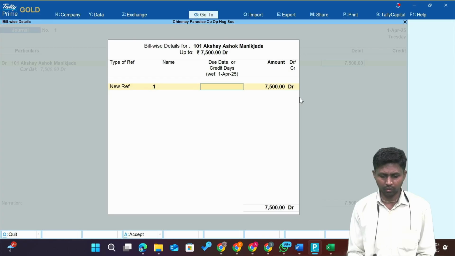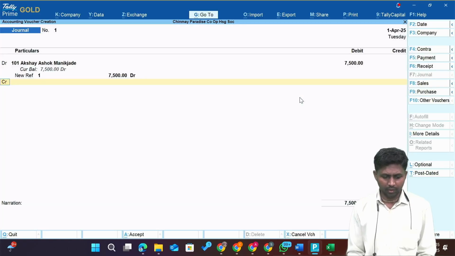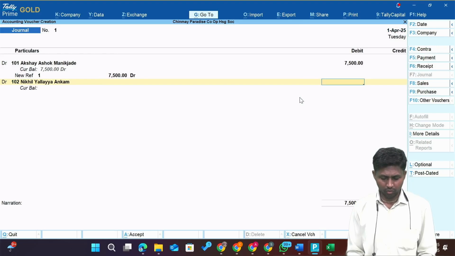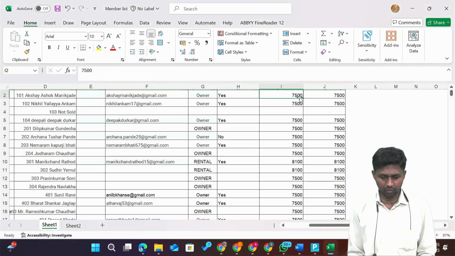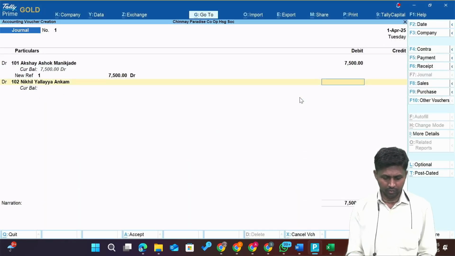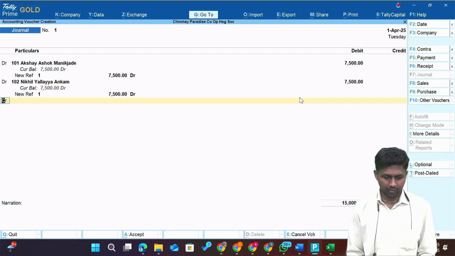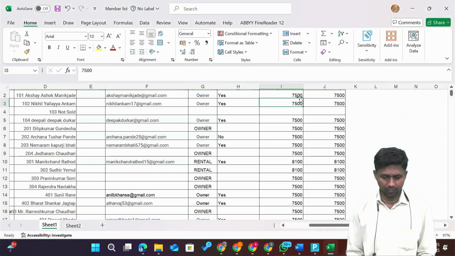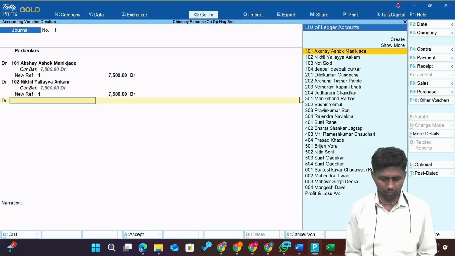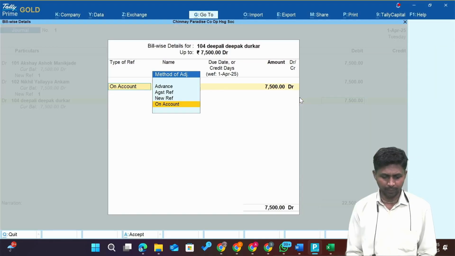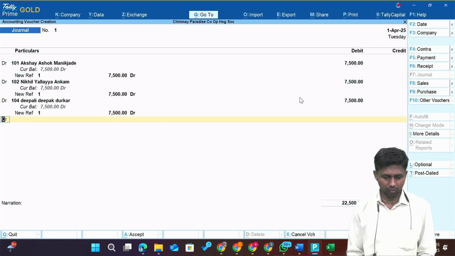Yes, this is a new bill only. Then after that, debit 102, 7500. Then after that, debit, not sold, no need to charge any maintenance. 104, 7500, new reference, that means new bill.